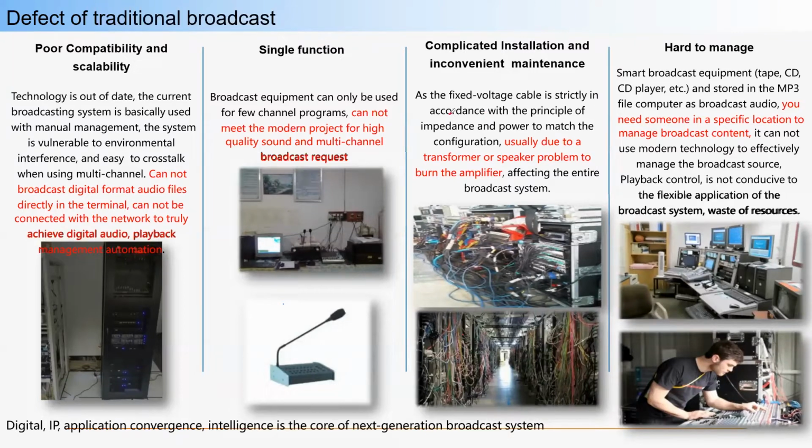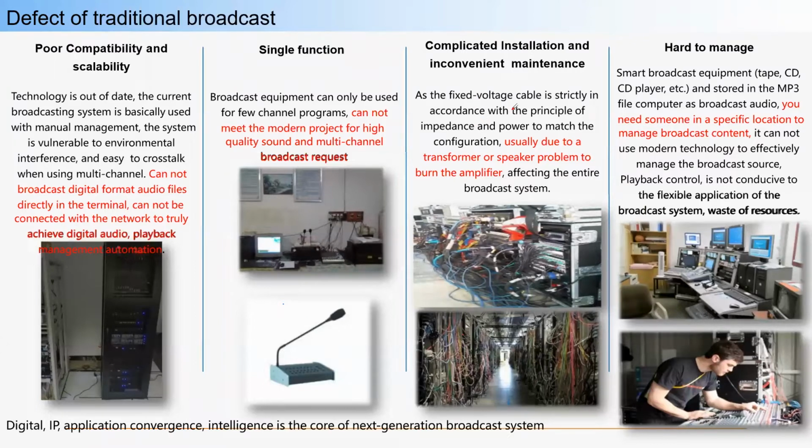And for the second part, the audio processing part, we will need some mixers, amplifiers, or pre-amplifiers to enlarge the audio signal from the CD player and MP3 player. And some clients may need the timing function, which means you need to add one more device to realize this in the traditional broadcast system.